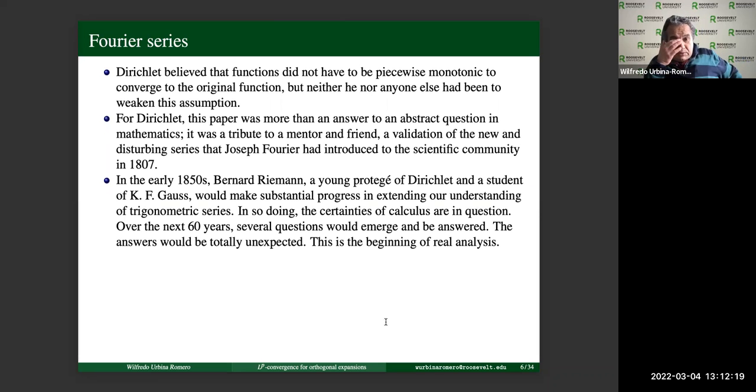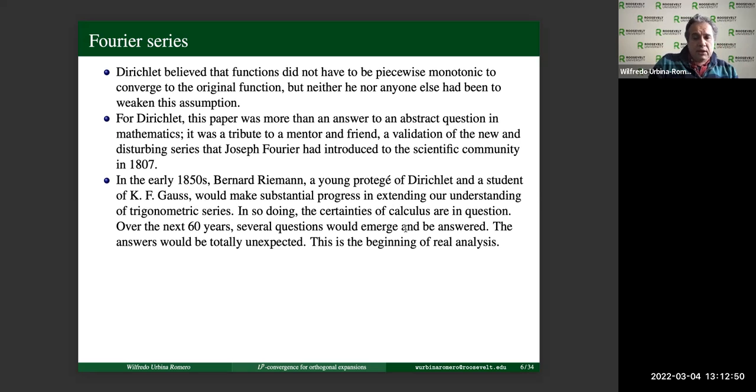Then, in the early 1850s, Riemann, a young protege of Dirichlet and a student of Gauss, made substantial progress extending the understanding of trigonometric series. So over the next 50 years, the question will appear over and over again.